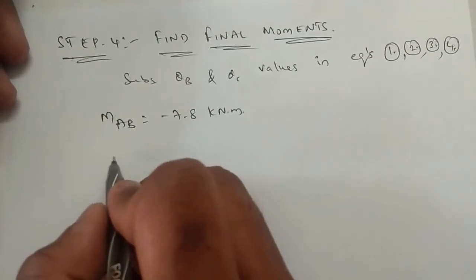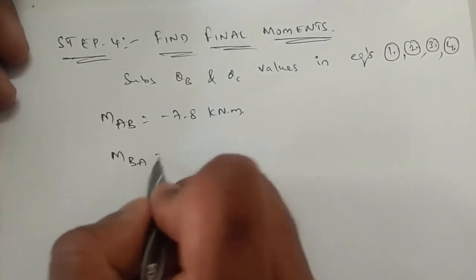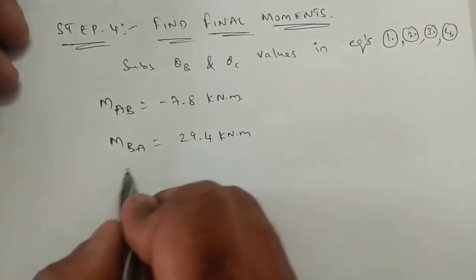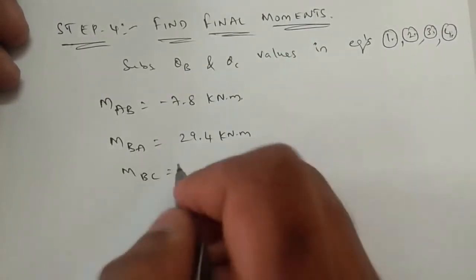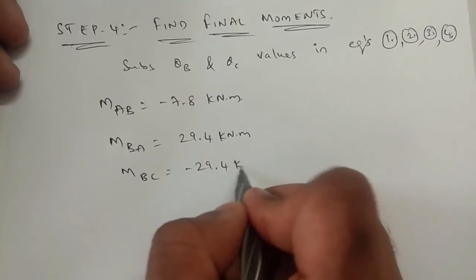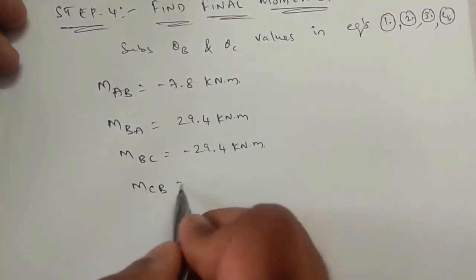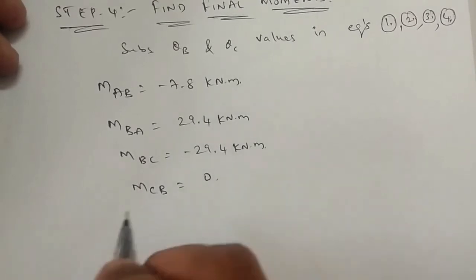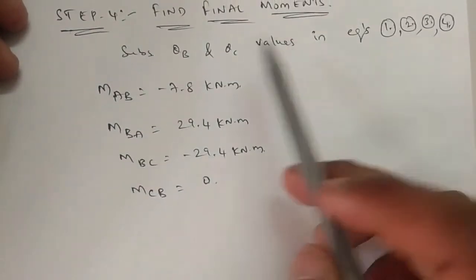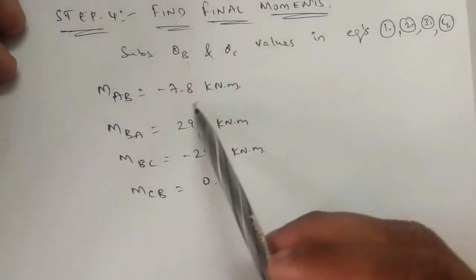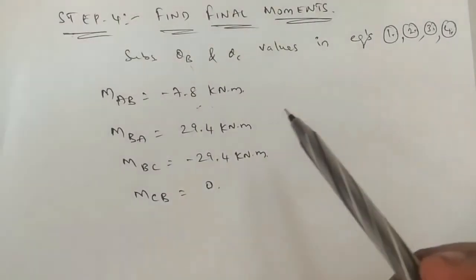These are all the final moments. MBA equals to 29.4 kilonewton meter. MBC you will get minus 29.4 kilonewton meter, and MCB is equals to 0. After substituting theta B, theta C values in all those 1 to 4 equations, you will get these values. EI gets cancelled while solving.